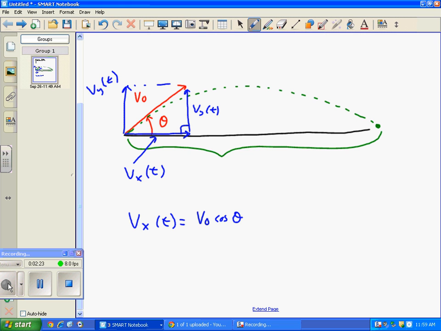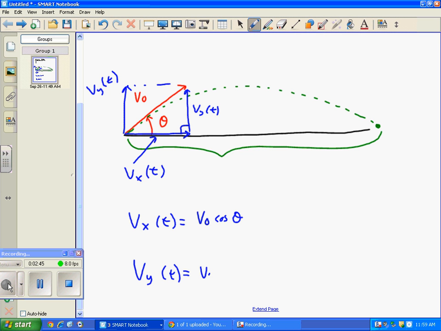Okay, and then when you consider the y direction, you have to worry a little bit, because in the y direction, obviously you could throw this ball upwards at some angle. It's got some initial velocity vertically heading up. That would look just like this.